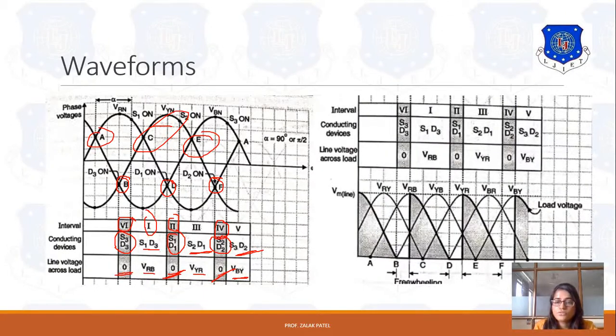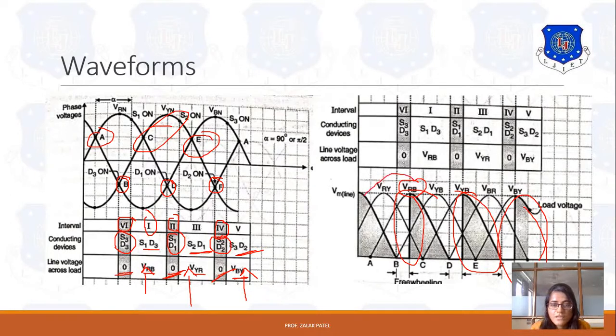Here you can also note the freewheeling action. Freewheeling will take place during this interval BC. Here freewheeling action will take place, here also, and in the same way here also. Due to this freewheeling action you can see this shaded portion, and this shaded portion denotes the voltage VRB.